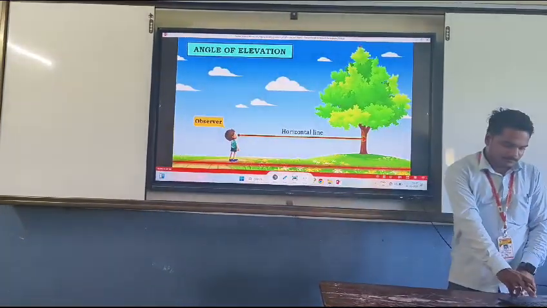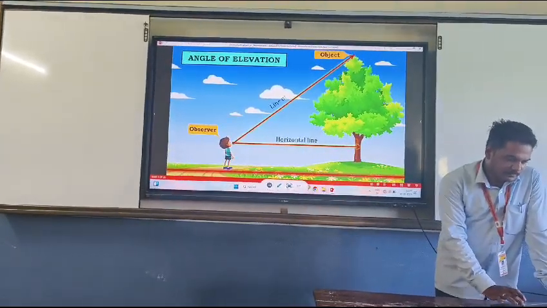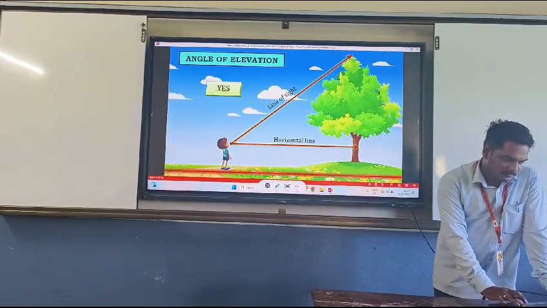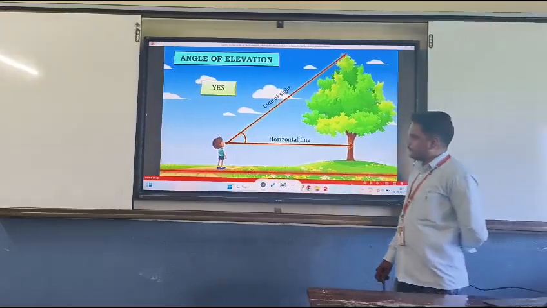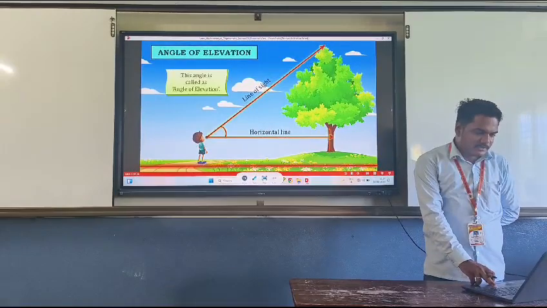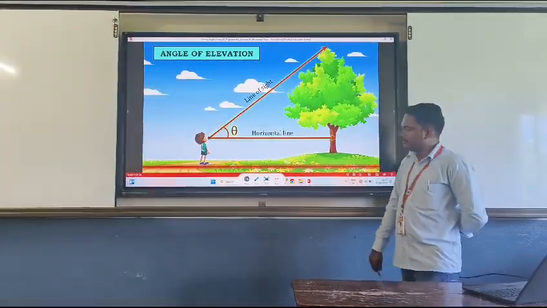Line of sight. This is the line of sight. Now look at here, an angle is formed here. This angle is known as the angle of elevation.